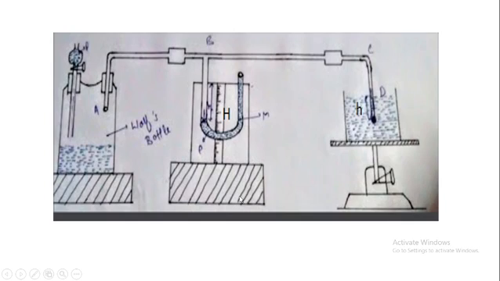If you look at the figure, you should remember there is one glass tube, A, B, C, D. One end of the glass tube is connected to the Woulfe's bottle. One opening of this bottle is fitted with the tube A, B, C, D, and another opening of this bottle is fitted with a funnel. The other end of the tube is drawn out as a capillary tube, with a diameter of 0.2 millimeters to 0.5 millimeters. This vertical portion acts as a capillary.